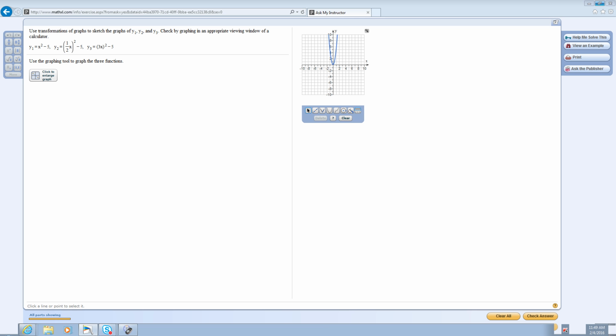And if it's between 0 and 1, that means it's what? It's wider, meaning that it's being stretched, pulled along the x-axis, or what? Compressed along the y-axis, so it's going to look like this. So your answer to the second one is this guy.